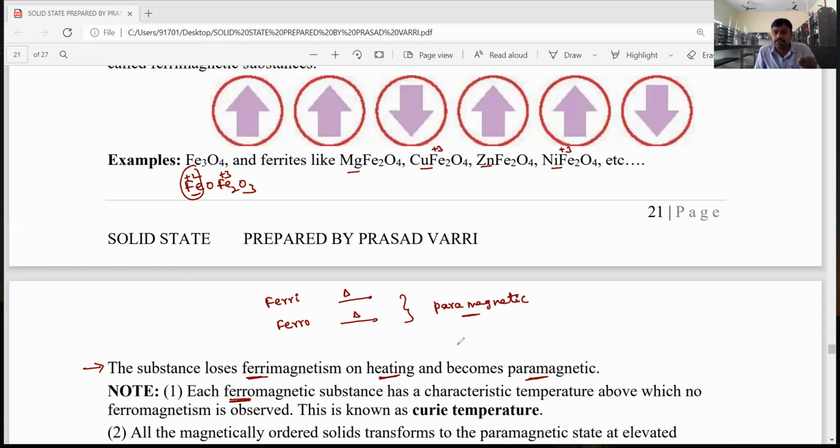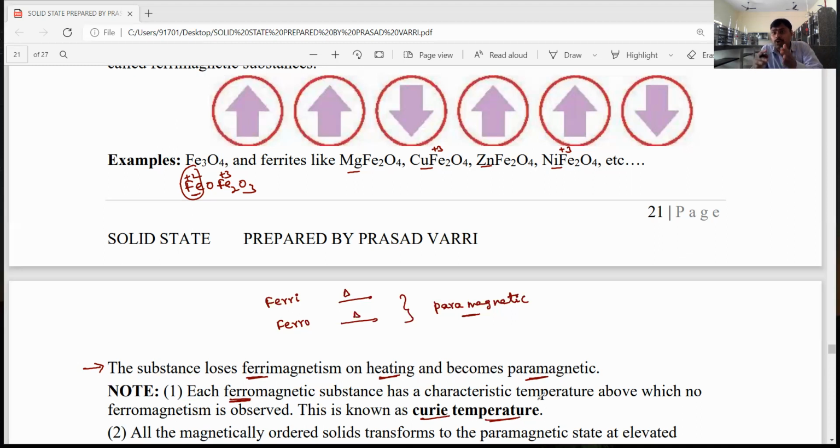Okay, dear students, regarding ferromagnetic substances, they are strongly attracted by the external magnetic field, but upon heating, if a certain temperature is reached, above that temperature they are converted into paramagnetic substances. That certain temperature is known as the Curie temperature.